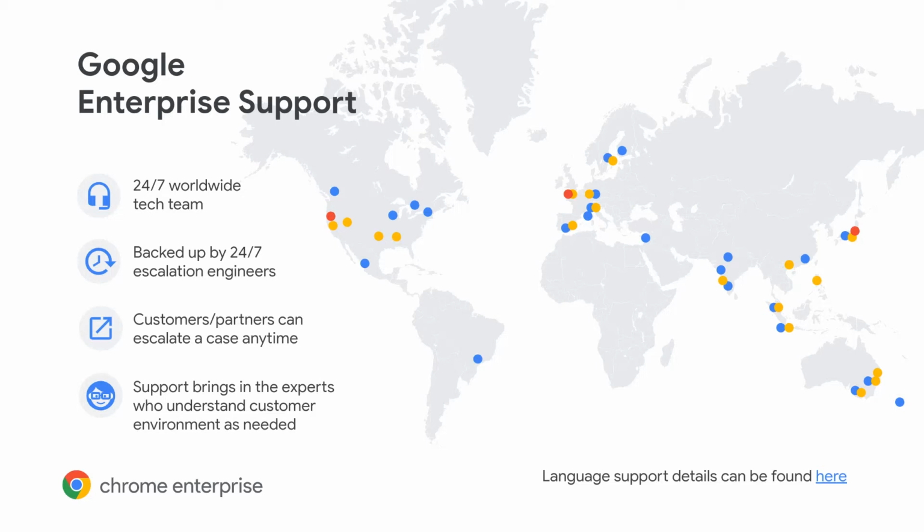Customers and partners are able to escalate a case at any time, and of course, partners are also able to raise tickets for their customers if needed on their behalf. Support is also able to bring in experts who understand the customer environment as needed, so that we are always sure that we have the right team set on resolving any issues that might come up. Additional language support details can be found on the link on this page.